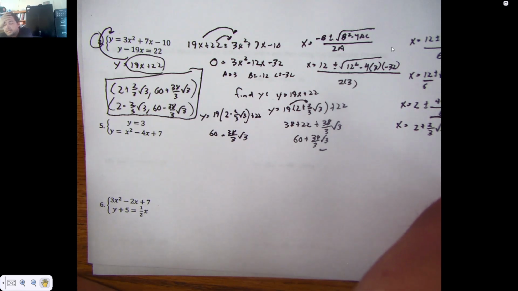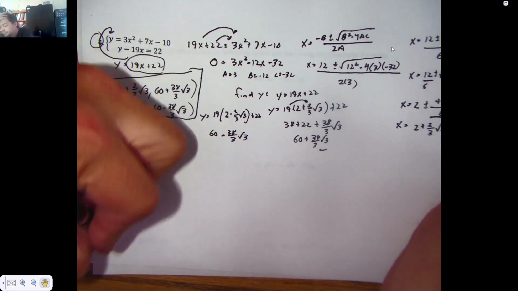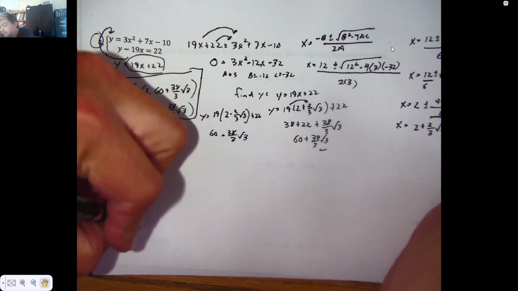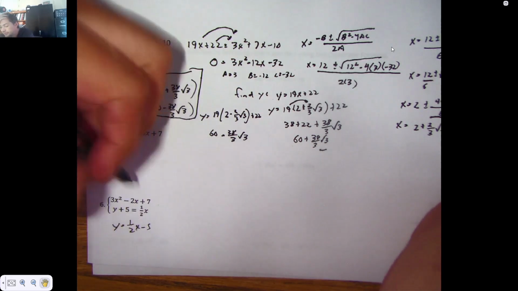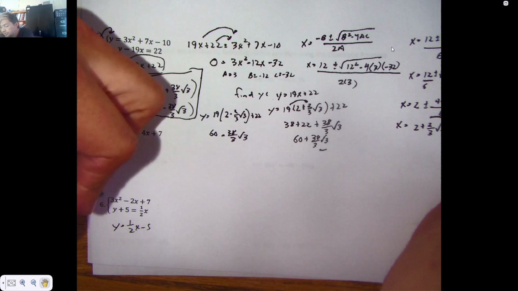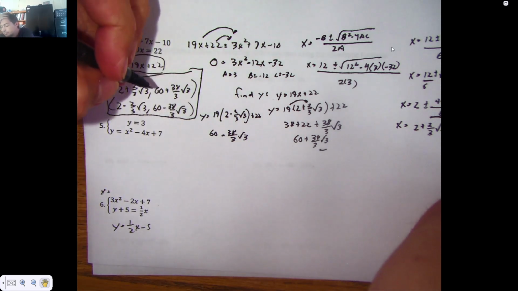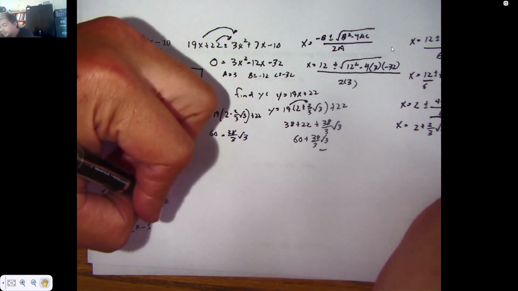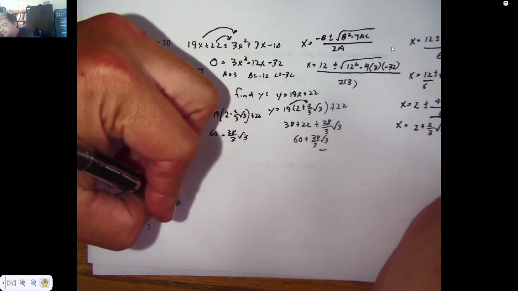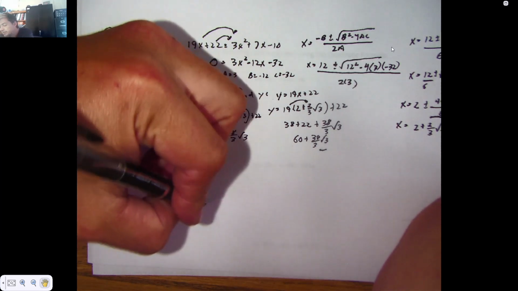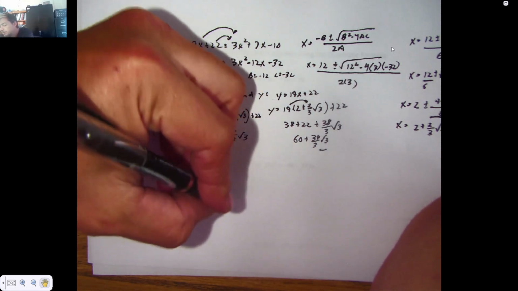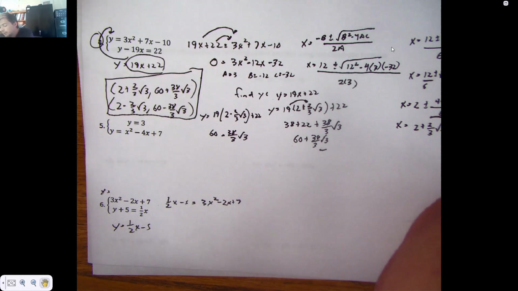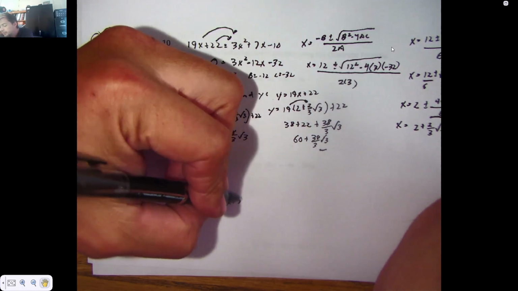y plus 5 is a half x. So y is 1/2 x minus 5. So this should say y equals. It doesn't. I need to go back and fix that. So 1/2 x minus 5 is 3x squared minus 2x plus 7. I'm going to do something silly here.